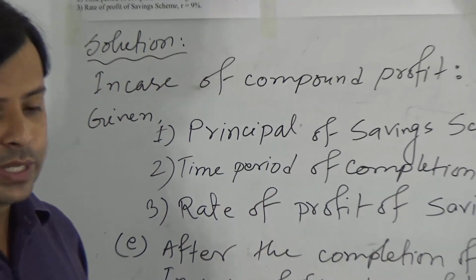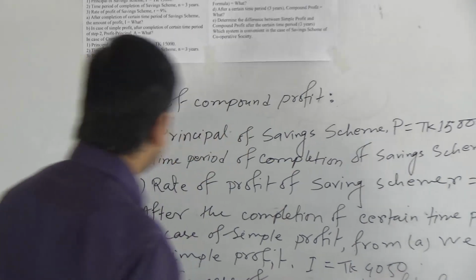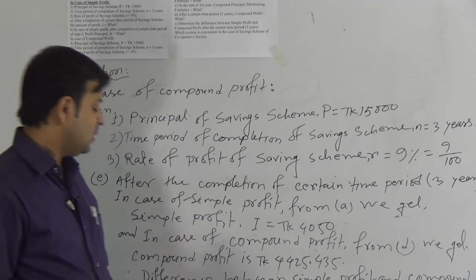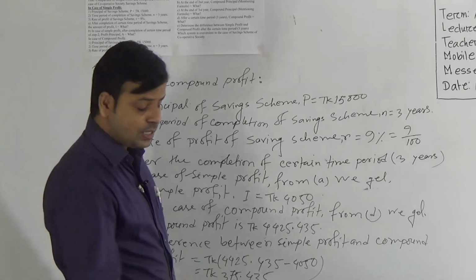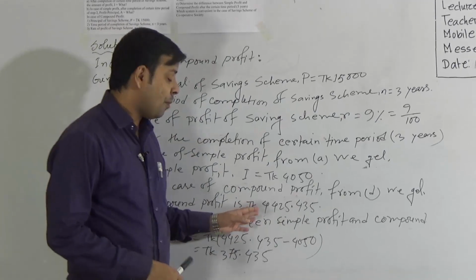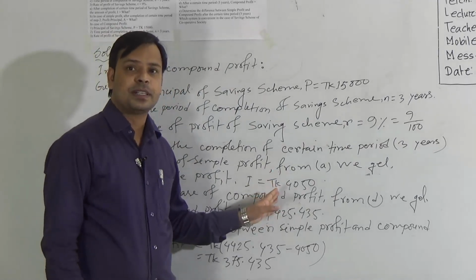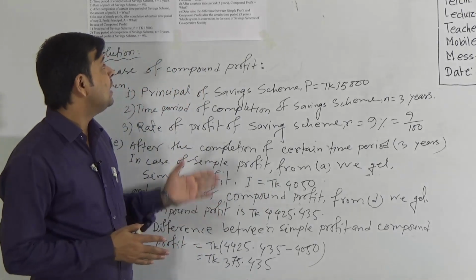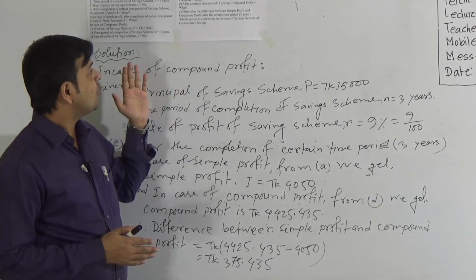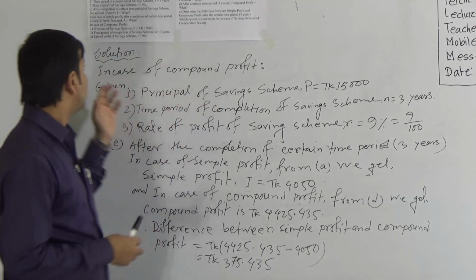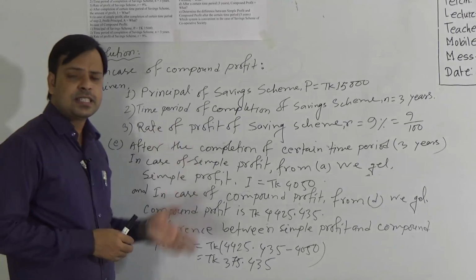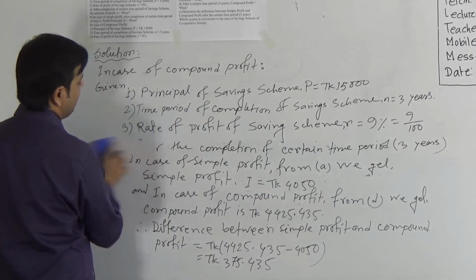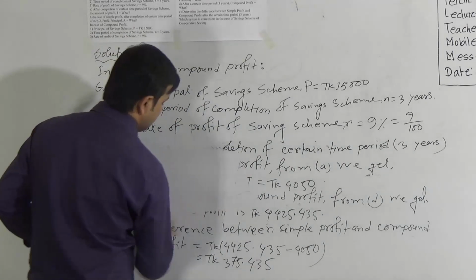So we can say from the above comparative discussion that compound profit is greater than the simple profit. As compound profit is greater, the compound system is convenient. So compound profit is convenient.